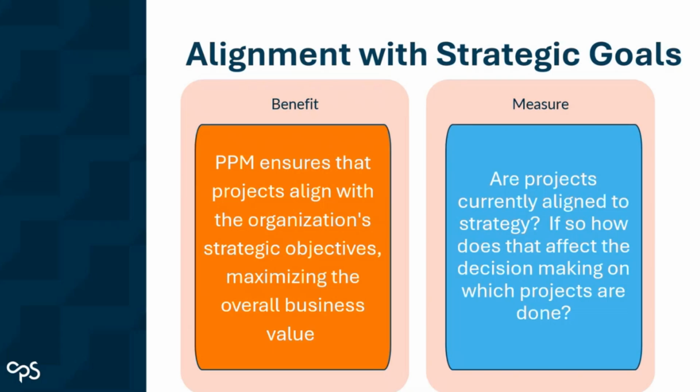They have the least alignment to that strategy. Can we actually get that visibility? So, first of all, the tool, that PPM tool, will provide that front door monitoring that gives you that solution, if well implemented. How do I actually decide that that's improved that alignment?